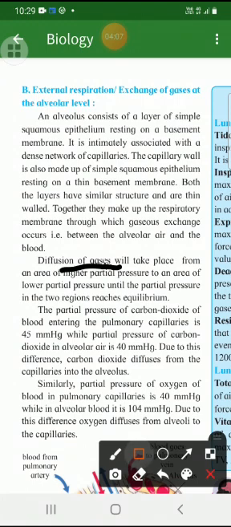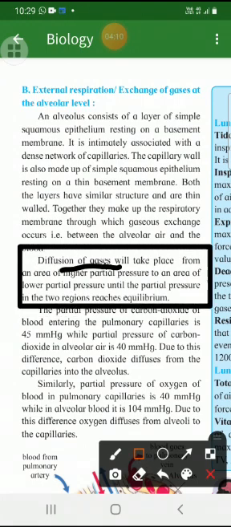Diffusion of gas will take place. Here, let's read this. Diffusion of gas will take place from higher partial pressure to lower partial pressure. और कब तक होगा diffusion? तब जब तक equilibrium नहीं पहुंच जाता. Till the time it does not reach equilibrium, right?